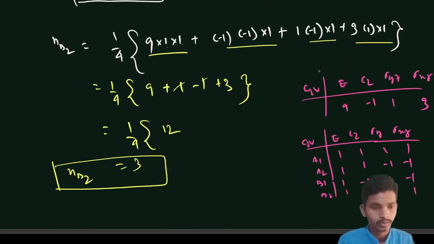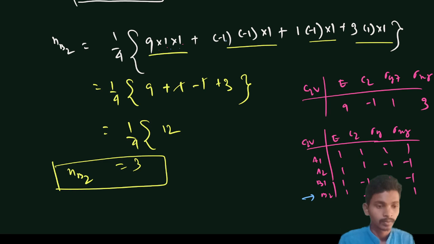Is anything wrong with B2? So I'm using B2, I'm checking. So 9, 1, -1, 1, 1, -1 and 1, 1, -1, 3, 1. So this is correct.